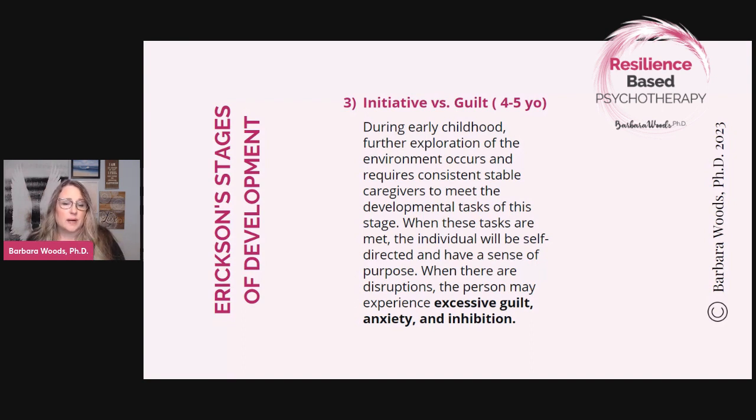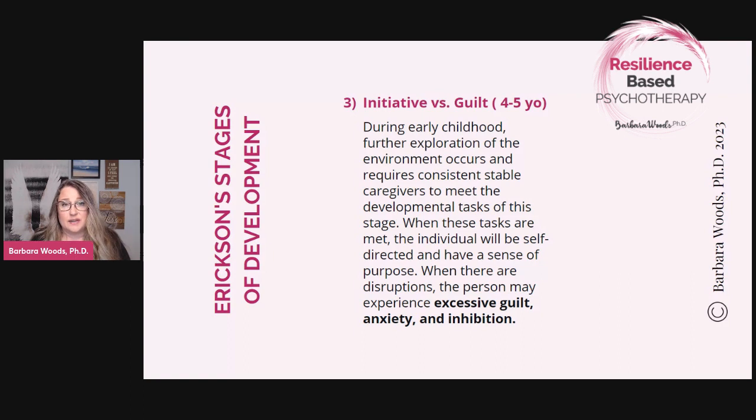But when there's disruptions, the person may have a lot of guilt. They may not have that ability to go out and be self-directed because they don't feel good enough, or they don't feel like they can go out and explore and it will be safe. They may have a lot of anxiety because to them, the world just isn't a safe place, and they don't have the relationship with caregivers that they can come back and get back to that secure base.